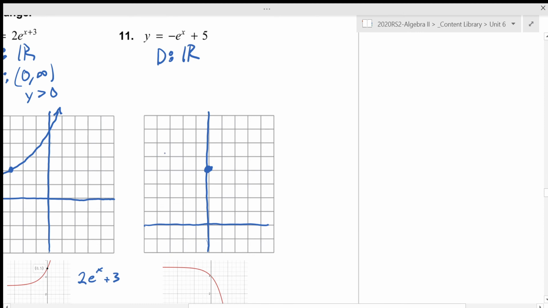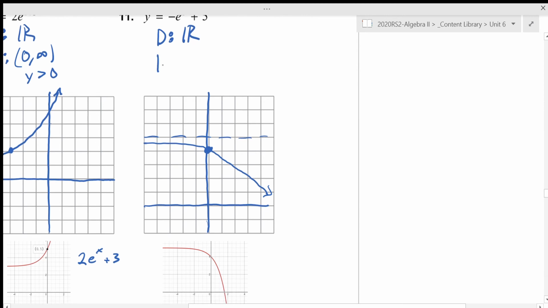And it appears to have that asymptote at y equals 5. So this function has a top at 5, and it does not have a bottom, so its range is from -infinity to 5, or y is less than 5.